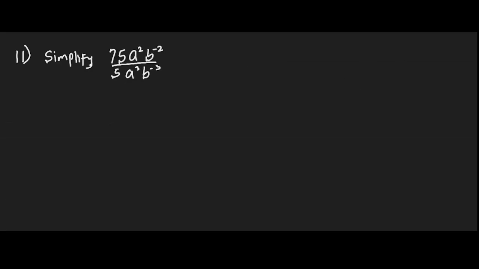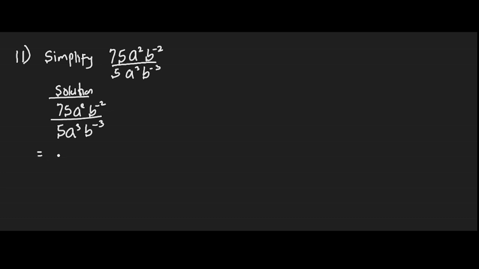Simplify 75a squared b raised to power minus 2 all over 5a raised to power 3 b raised to power minus 3. Solution. We have 75a squared b raised to power minus 2 over 5a raised to power 3 b raised to power minus 3.